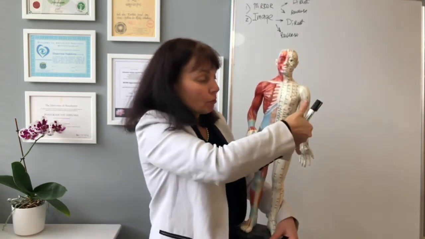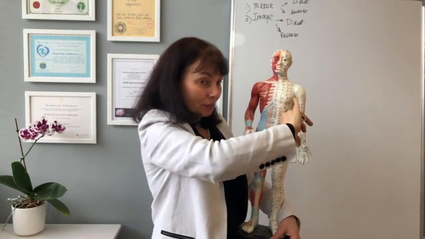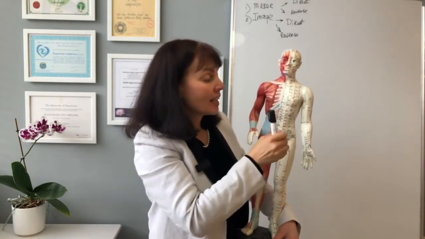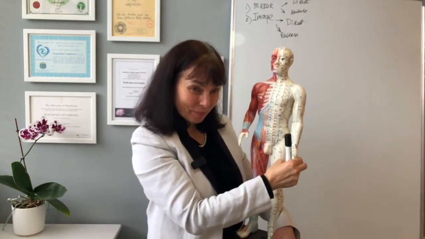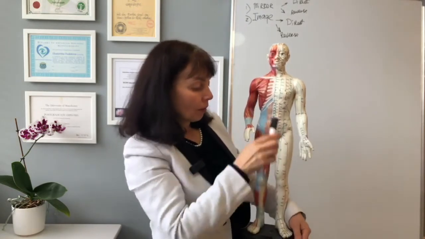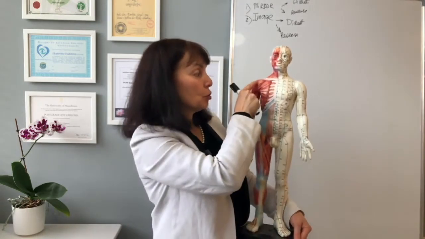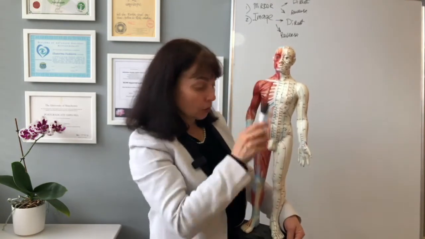But if we reverse, we will look for acupoints on the other wrist or on the ankle, because the shoulder will correspond to the ankle on the opposite side. This is how we treat the shoulder. We also can treat the shoulder on the side using the direct image, and it's very successful.